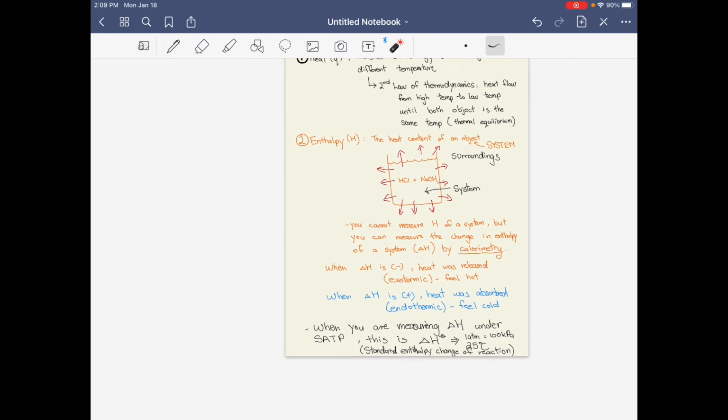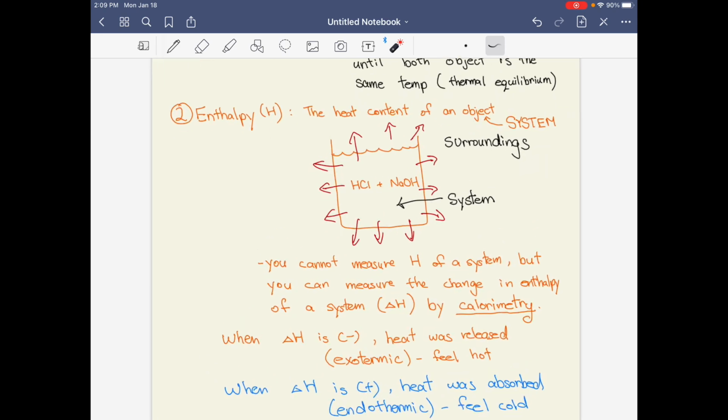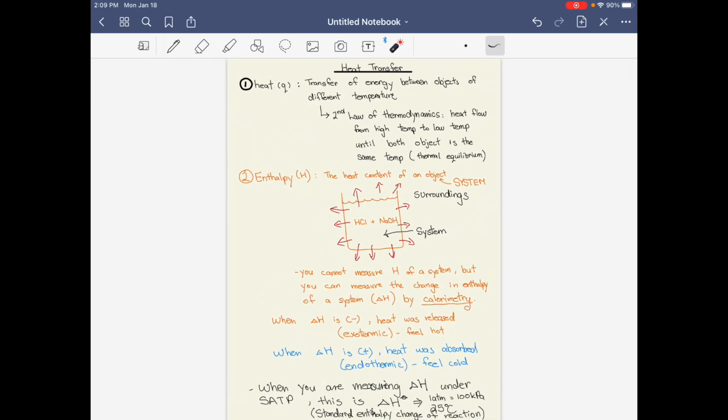Okay, so let's recap a little bit before I move on. We first looked at heat being a transfer of energy between things at different temperature. And what we do know is that heat moves from higher temperature to lower temperature until the two temperatures are equal, which we call thermal equilibrium. Then we looked at enthalpy, which is H, something that you really can't measure for a system.